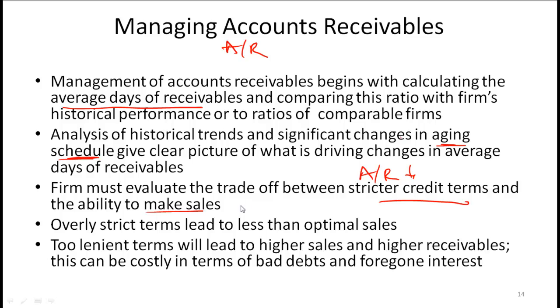So this trade-off must be taken into account. Overly strict terms may lead to less than optimal sales. Too lenient terms will lead to higher sales and higher receivables. So if you're very lenient, you might book higher sales but then have higher receivables, where there are two possible issues. One is that there is the risk of bad debts, and the other is that you forego interest.